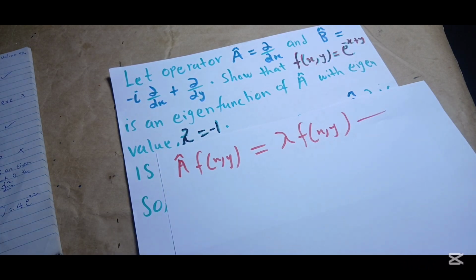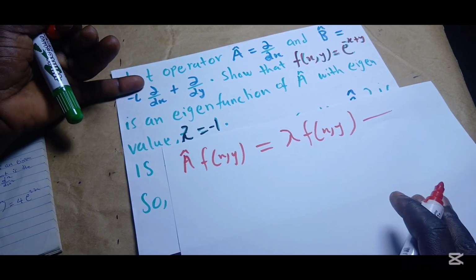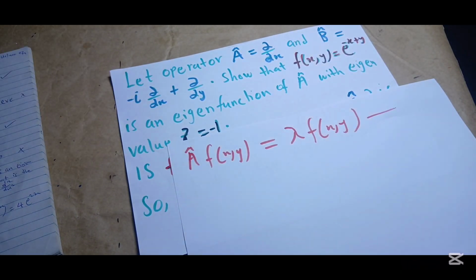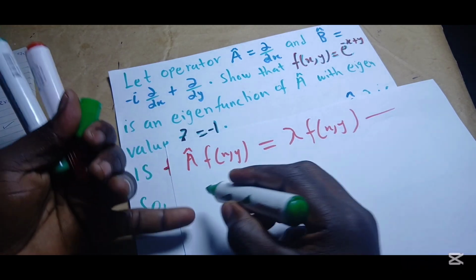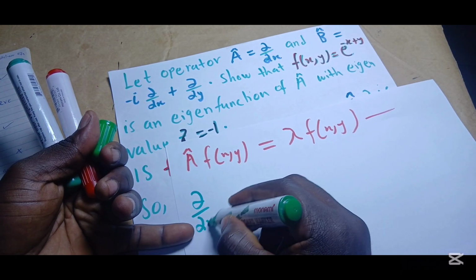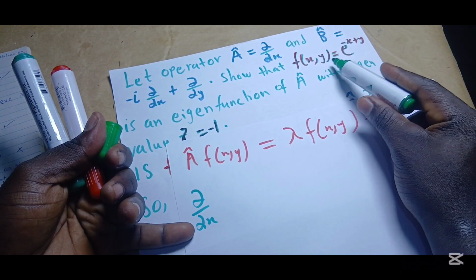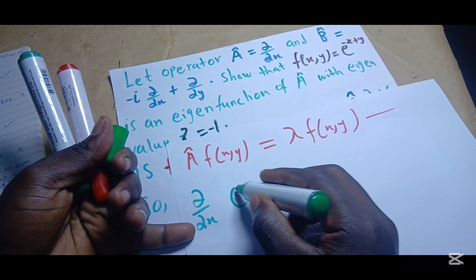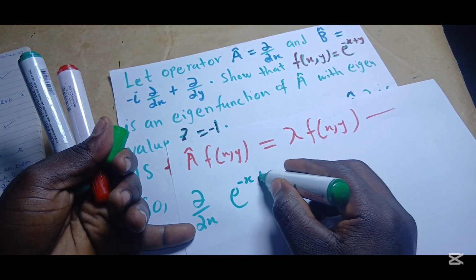The question says prove that it is an eigenfunction, so we are to prove that indeed it is. Operator A is the partial derivative with respect to x, and the function f is e to the power negative x plus y.